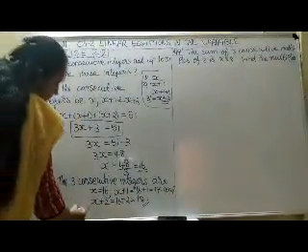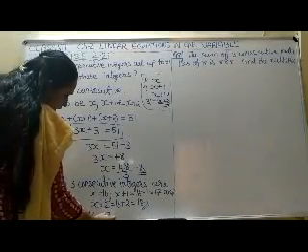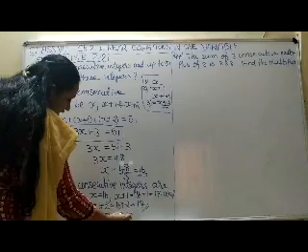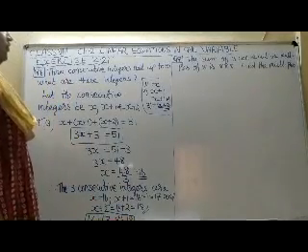Therefore, the numbers are 16, 17 and 18. If we add these three numbers, we get 51.